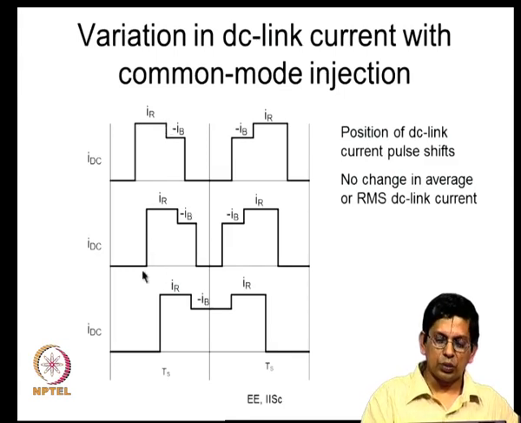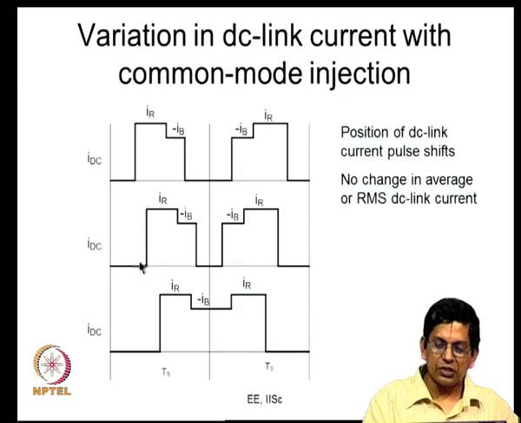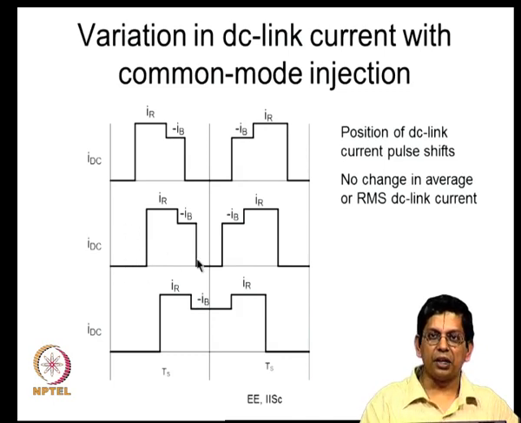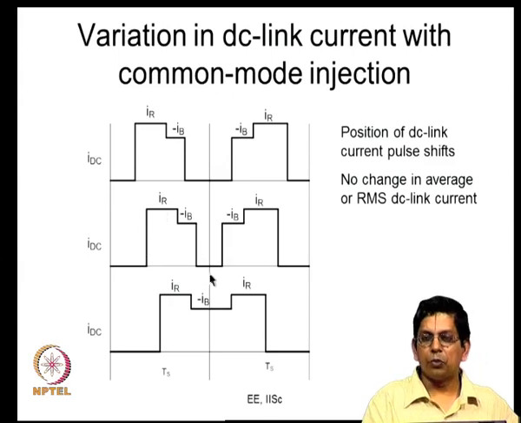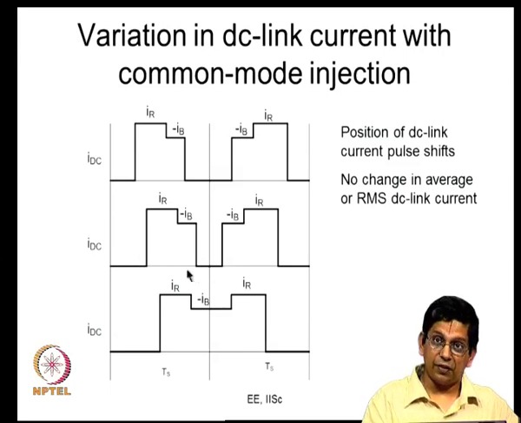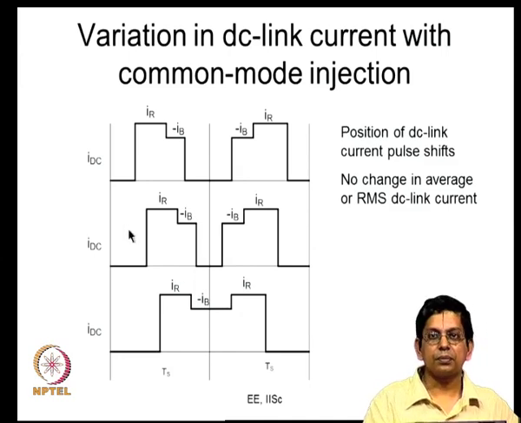So, when you do this, you have now done it in such a fashion that T0 has been increased and T7 has been decreased. So, what happens is, you get the same kind of waveform for the pulse, except that this is just shifted a little. This is when T0 increases at the expense of T7. Now, on the other hand, if T7 increases at the expense of T0, you will find this whole thing shifting to the left.